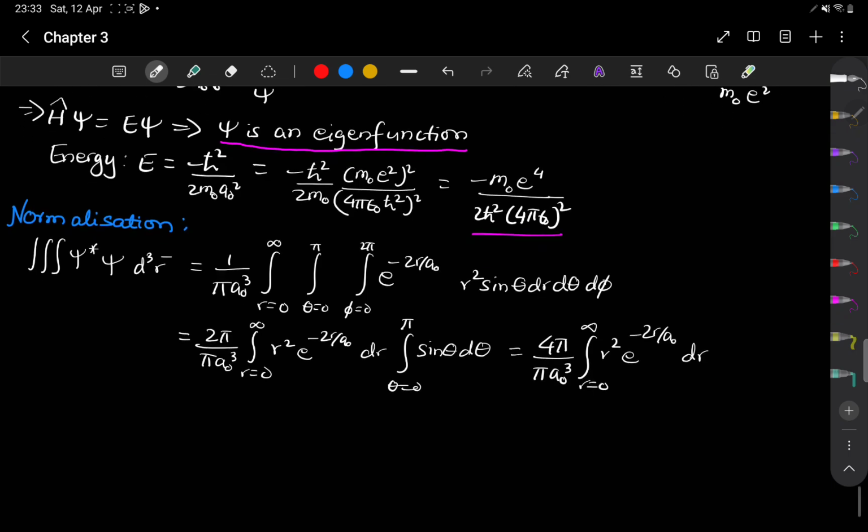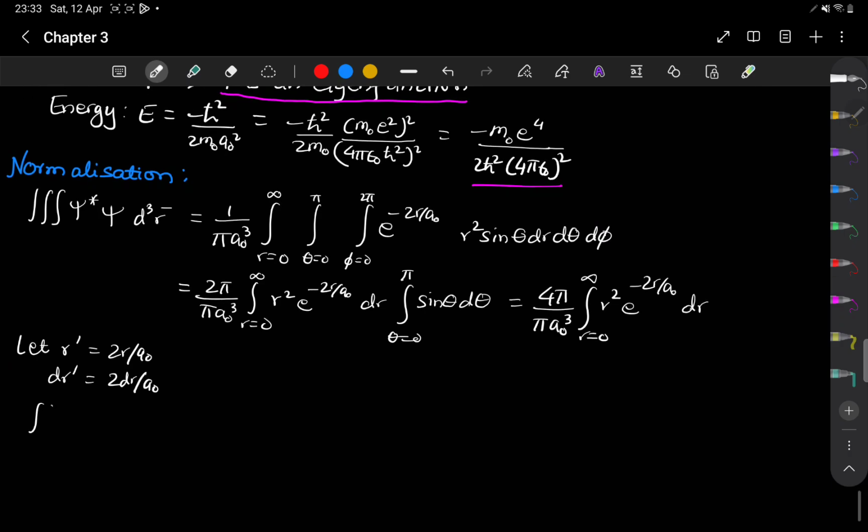So here we'll make a substitution. Let r prime equal r over a naught. So this gives dr prime equals 2 dr over a naught, and in this substitution the normalization integral finally becomes the following. So 4 pi by pi, that makes it 4 over a naught cubed.